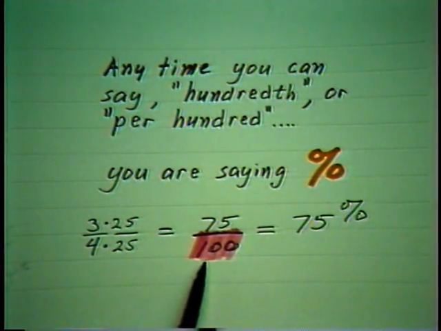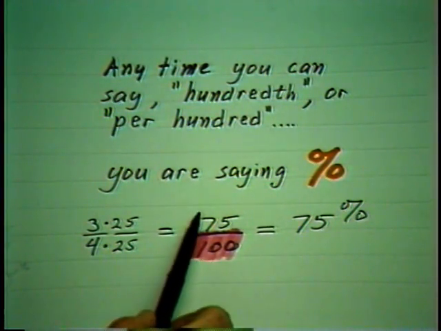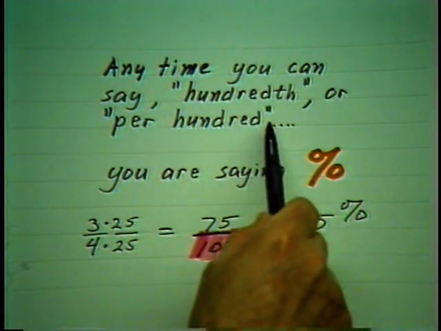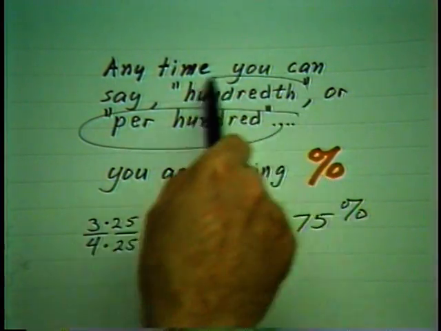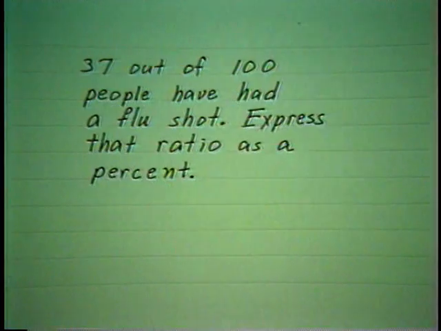Percent, per hundredth. 75 per hundred, 75%. So again, the word per hundred or hundredth and percent are two ways of saying and writing the same thing. This lesson is to merely get you used to that basic idea.